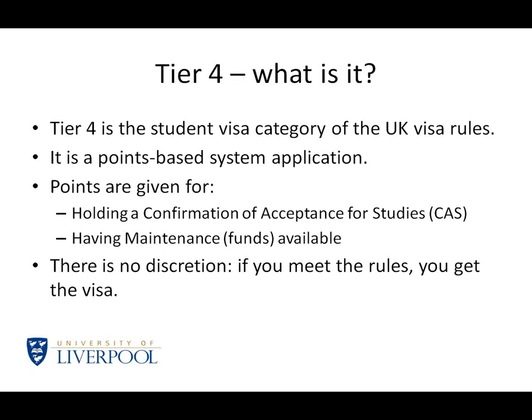Points are given for holding a confirmation of acceptance for studies, which is referred to as a CAS, and also for having the correct amount of funds available to you, which is often referred to as maintenance by the UKVI. So there's no discretion exercised at all in this process of applying for a visa. It's basically, if you meet the rules, you get the visa, which is a good thing because it's very clear and objective.